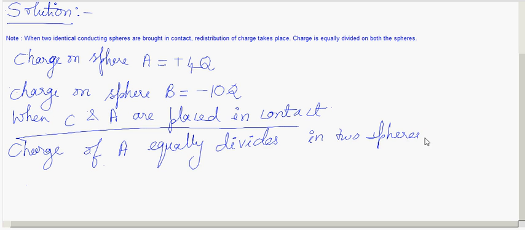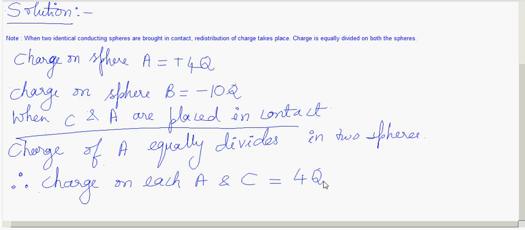Therefore, charge on each of A and C is equal to 4q divided by 2, which is equal to plus 2q.